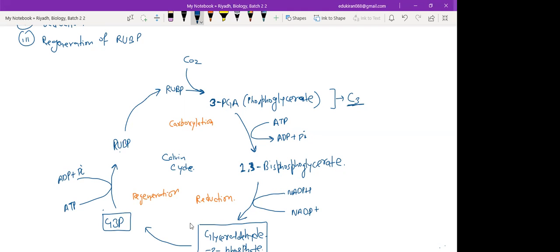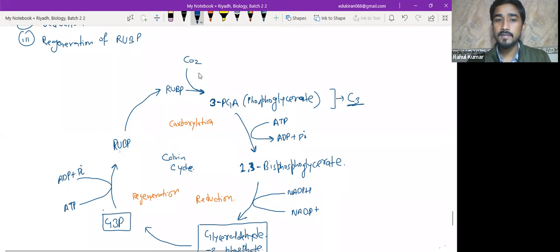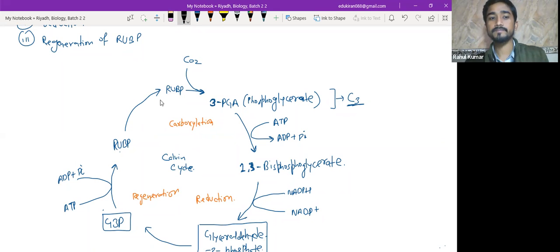Now, I told you that this glyceraldehyde 3-phosphate has two options. If all the glyceraldehyde 3-phosphate leaves the Calvin cycle, then clearly the cycle will shut down, right? So it has to go into the regeneration phase. Now I'm using black just to balance how many molecules participate.